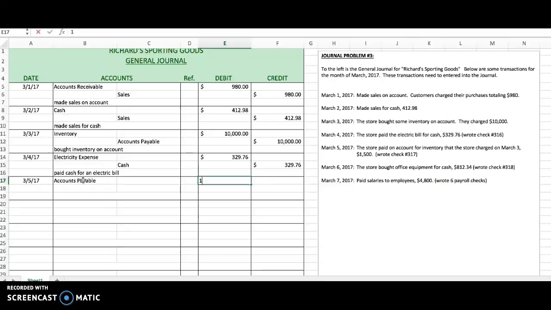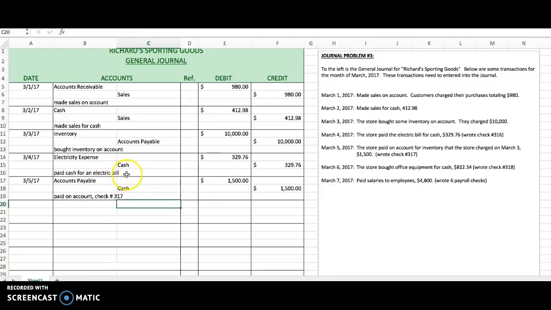So we paid $1,500, and since we paid it, obviously, we paid cash. So we paid cash of $1,500. It's an asset, it went down. So we paid on account, check number 317.